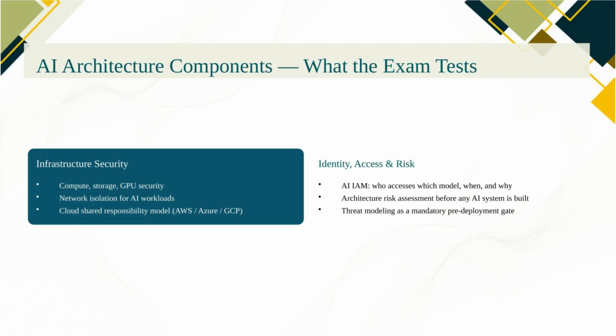Understanding the shared responsibility model in cloud environments like AWS, Azure, and GCP, specifically as it applies to AI workloads. And architecture risk assessment, applying threat modeling before any AI system is designed or built. The exam will often give you a scenario involving a proposed AI deployment and ask what the security manager should do first. The answer is almost always conduct a threat model or architecture risk assessment. You assess before you build.